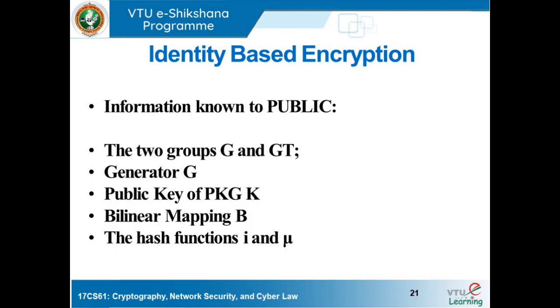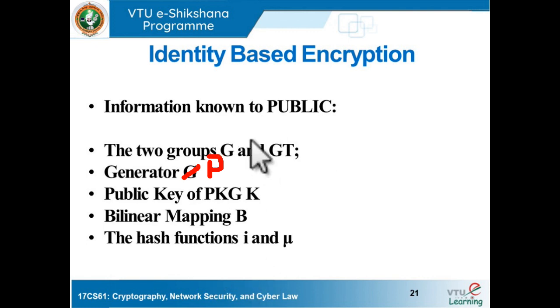Now let's see what happens further. The information that is known to the public is the two groups information, that is G and GT, the generator P, and also the public key of the public key generator K. This generator P is a prime number, then bilinear mapping B, and two hash functions I and mu.